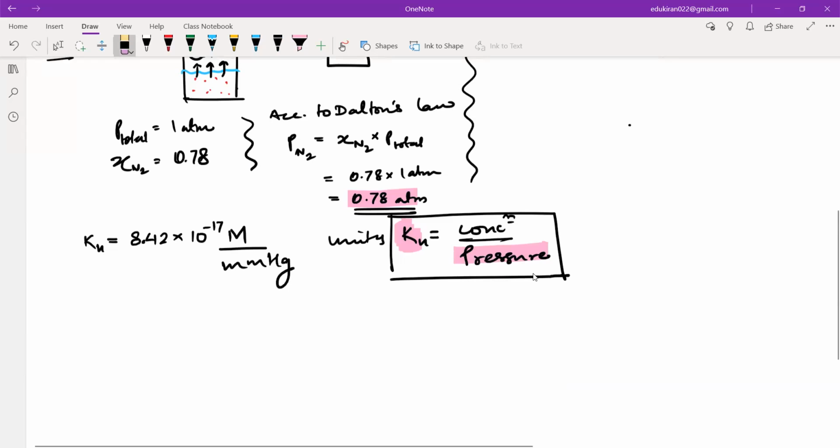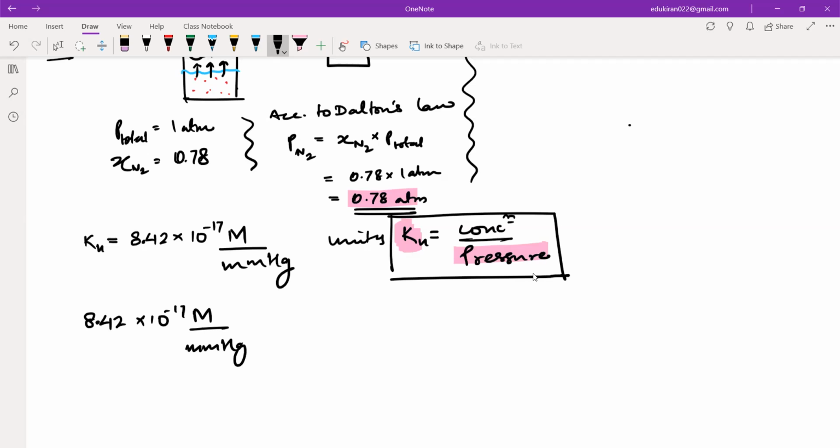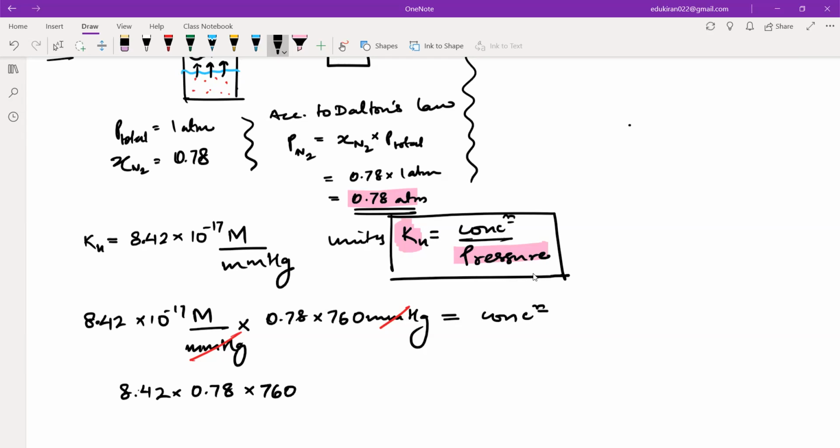So we have here, KH is 8.42 into 10 to the power minus 17 molarity upon mmHg. उसके बाद हमने pressure जो multiply किया वो कितना है, 0.78 into 760 mmHg. ये जो भी answer आएगा, this will be equal to concentration. ठीक है, so we will be canceling mmHg here, और आपके पास जो answer आएगा, that will be equal to 8.42 into 0.78 into 760 into 10 to the power minus 17 moles per liter.